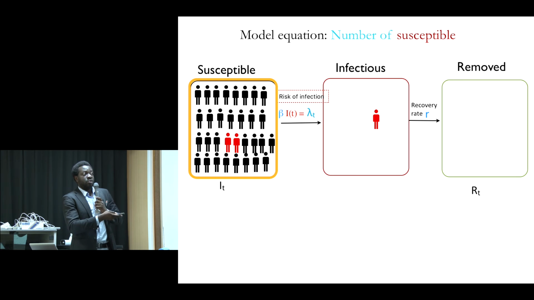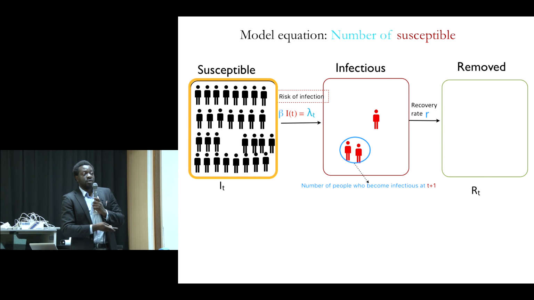Here we have 2 people who became infectious. They have to leave the box. So the 2 here is the number of those who become infectious at time plus 1. So 2 has gone. And the formula to calculate how many people become infectious is this one here, lambda t. Lambda t, remember, is the risk of infection multiplied by the proportion of susceptible.